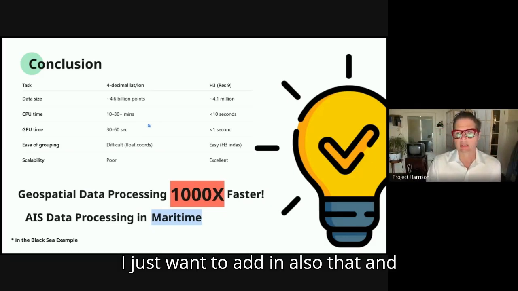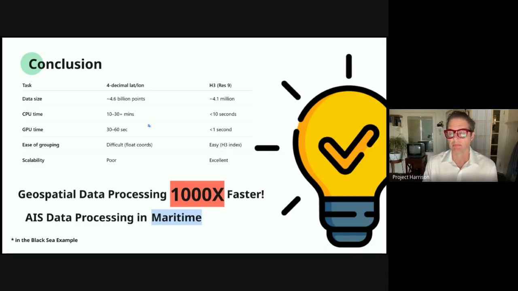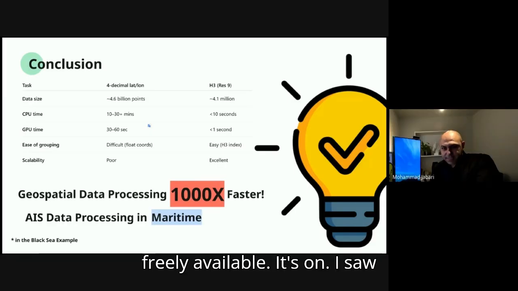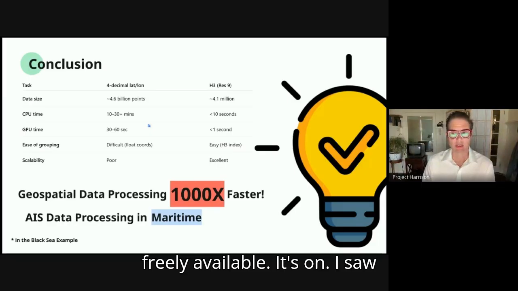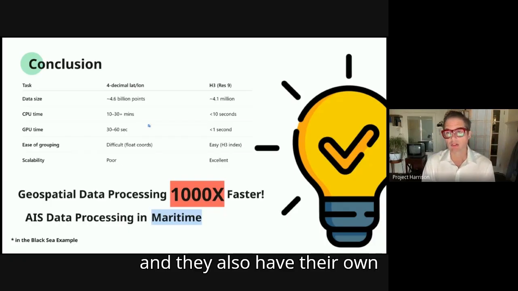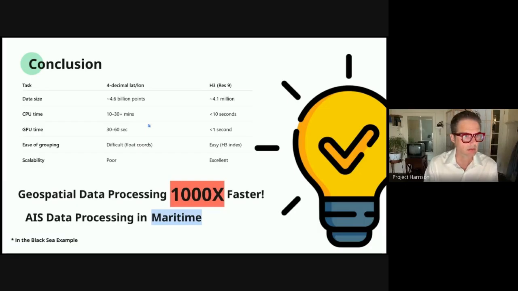I just want to add, and correct me if I'm wrong, Mohammed, but this is an open source package, so it's freely available. I saw that it's on GitHub, and they also have their own website, h3geo.org.